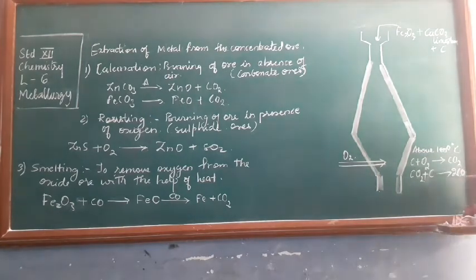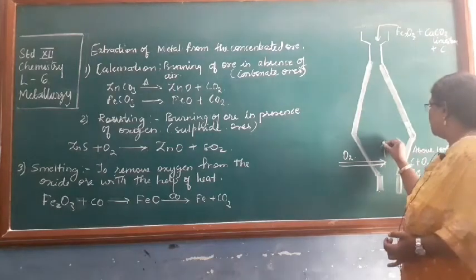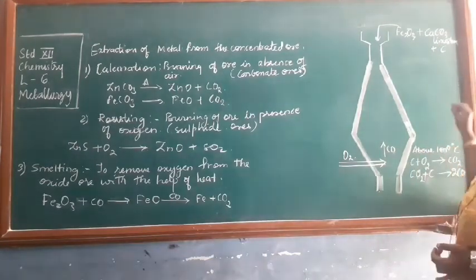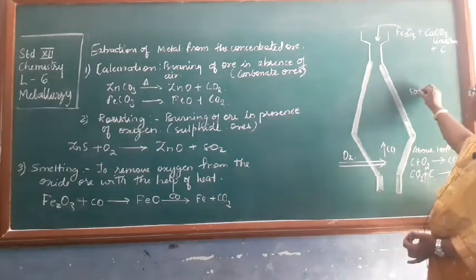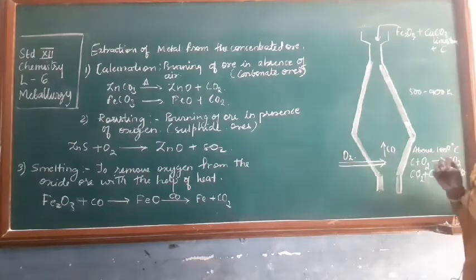Carbon which was added as coke into the blast furnace reacts with O2 to give CO2. CO2 again undergoes reaction with the coke and gives you carbon monoxide, and this carbon monoxide will be traveling upward.